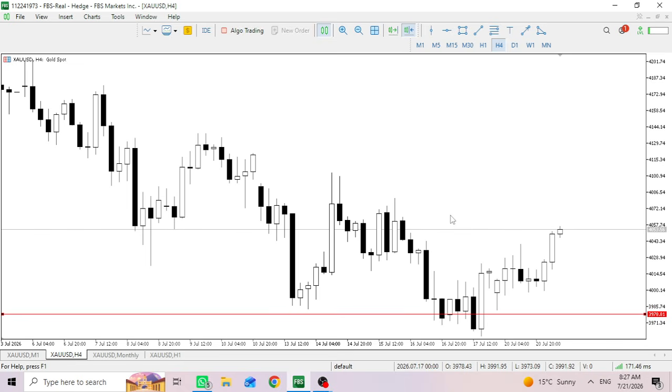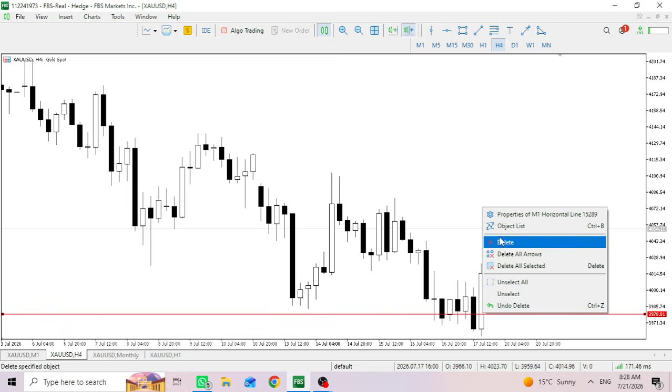And I see a lot of nonsense happening online. You are analyzing the 4-hour chart. Let's say you are trading this 4-hour candle, this one. This was the 17th of July 2026. You want to trade this 4-hour candle. Its high, its low, that is what you want to predict.